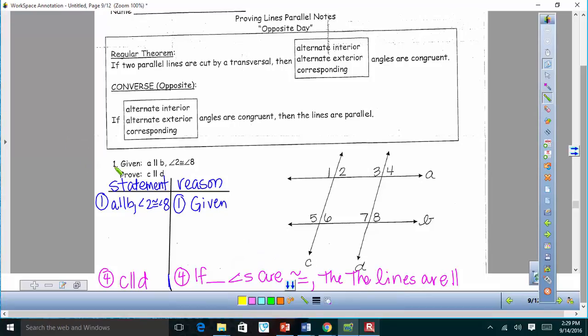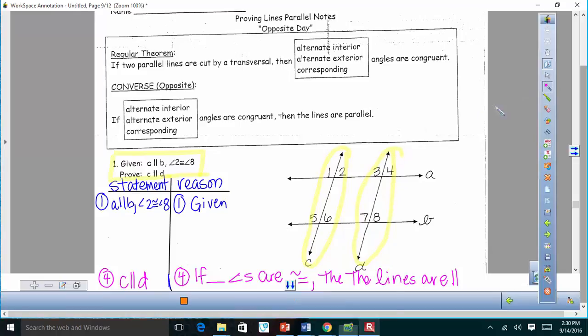Now let's look at what they gave us, and then we can prove. It tells me that A and B are parallel. So if A and B are parallel, what are my transversals? C and D. Go ahead and circle those transversals, because you can only work along those transversals.